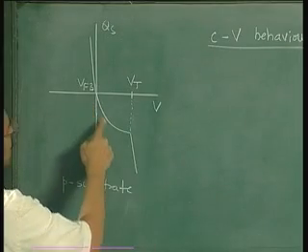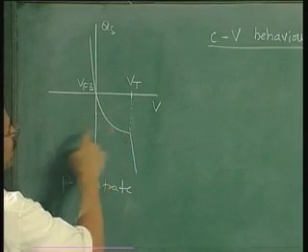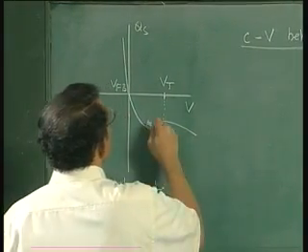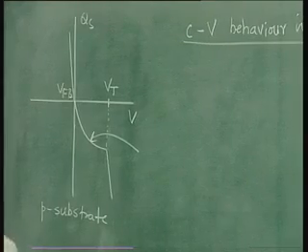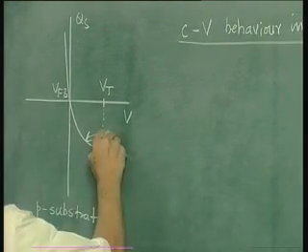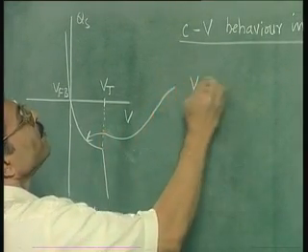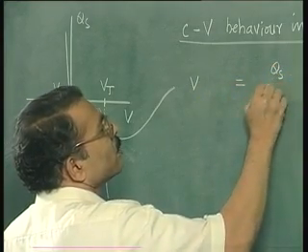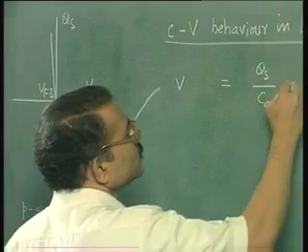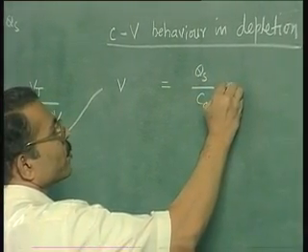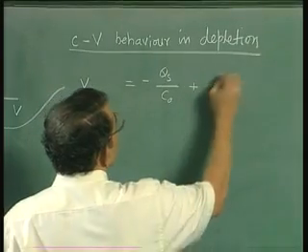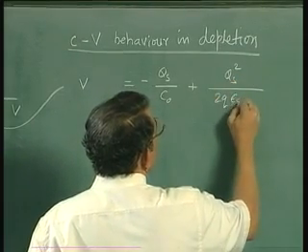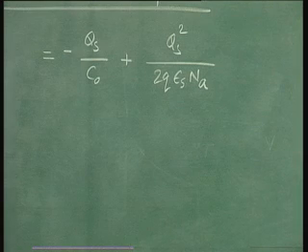We start with the equation for charge versus voltage in depletion, that is here. This equation for voltage as a function of charge is V equal to minus Qs by C0 plus Qs squared by 2 q epsilon S Na.